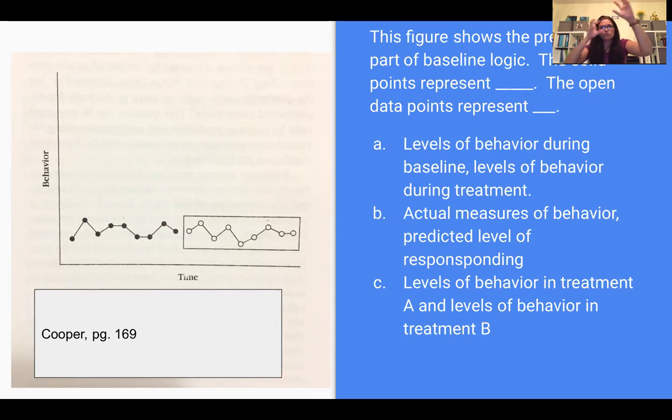Options: A, levels of behavior during baseline, or levels of behavior during treatment; B, actual measures of behavior, predicted levels of responding; then levels of behavior in treatment A, and levels of behavior in treatment B. I know it's tricky, so I can read it again or give you time to read it yourself.